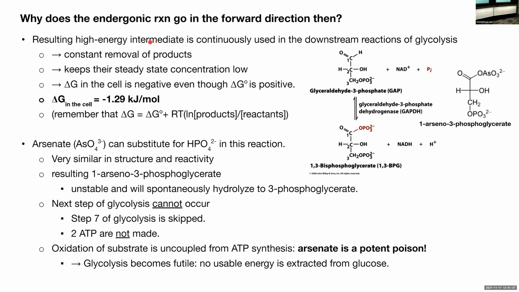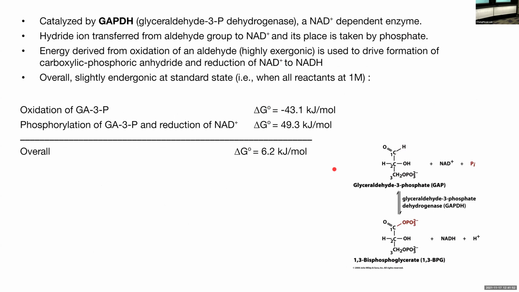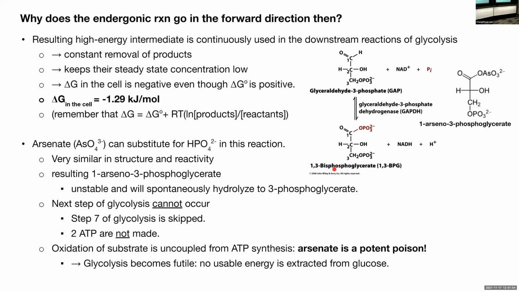The resulting high energy intermediate, which is this one, 1,3-BPG, is continuously used in the downstream reactions of glycolysis. So we just talked about step 5. Was it step 6? Step 6. But in step 7, this 1,3-BPG is used as a substrate.